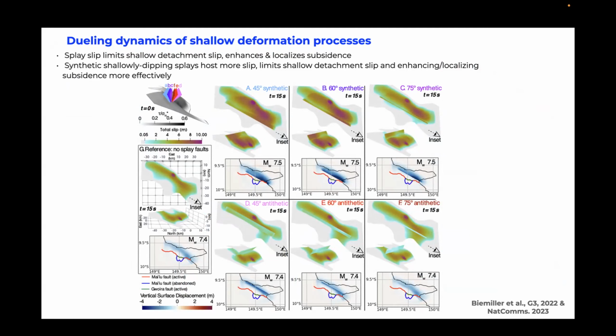So in this study, we have both splays and weak sediments, and we're finding really this dueling dynamics of what is deforming during co-seismic slip. So splay slip limits shallow detachment slip, but enhances and localizes subsidence. And synthetic shallowly dipping splays host more slip depending on the orientation, and they limit shallow detachment slip and enhance localized subsidence more effectively.